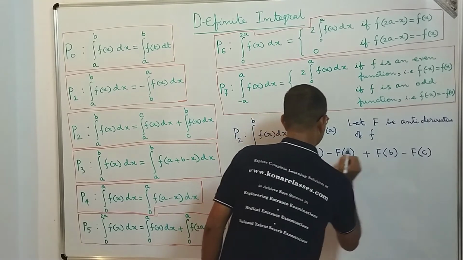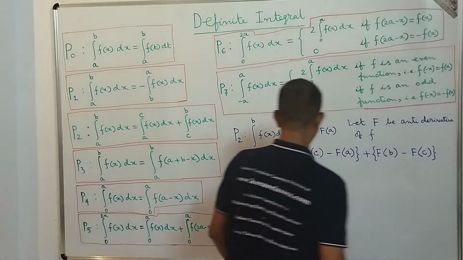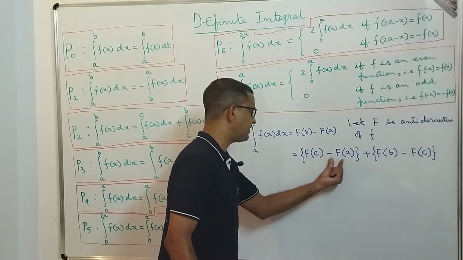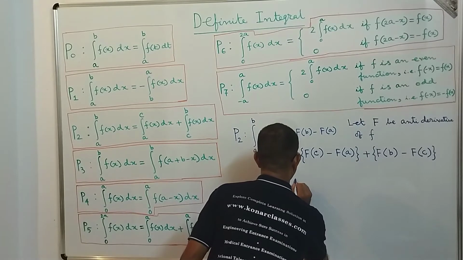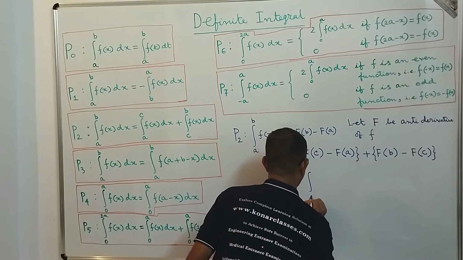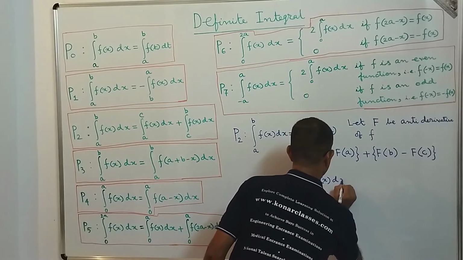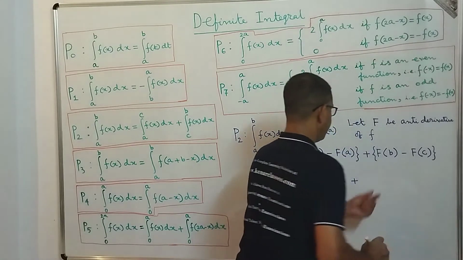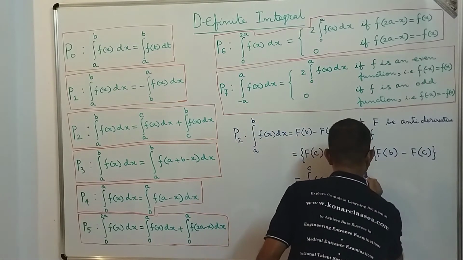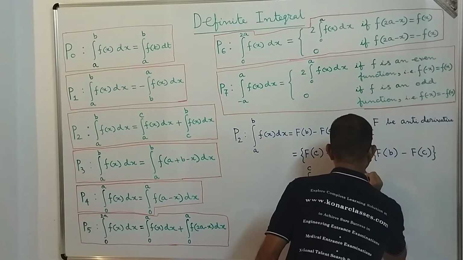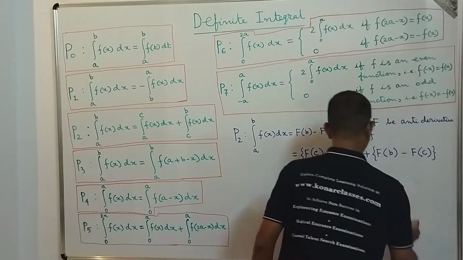We can club the first two together and the last two together. Now what is capital F(c) minus capital F(a)? From the second fundamental theorem of integral calculus this is equal to the integral a to c of lowercase f(x) dx, plus capital F(b) minus capital F(c), which is equal to integration c to b of lowercase f(x) dx. Correct?